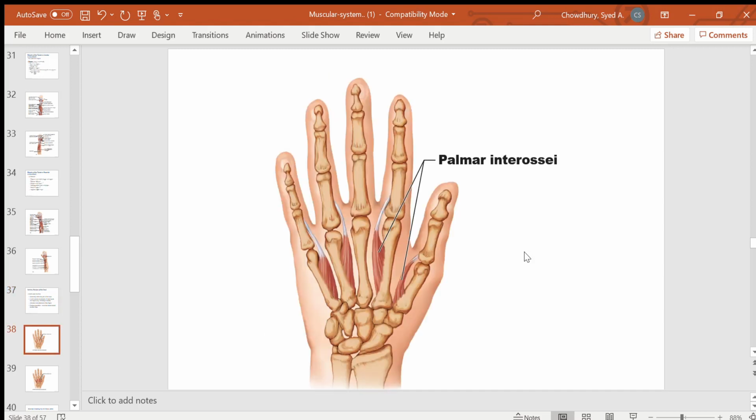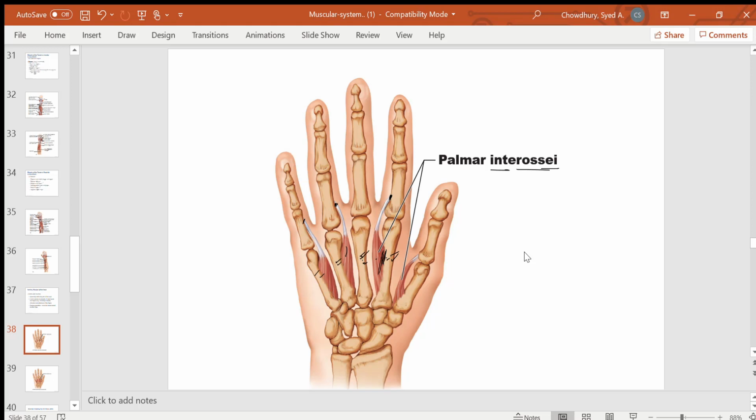Now let's see the muscles of your hand. In between the metacarpal bones, these are the bones of your palm, you have the interossei. Inter means in between, ossei means bone, osseous. So in between the bones, and they originate from the metacarpal bones, and the tendons get attached to the digits or phalanges.